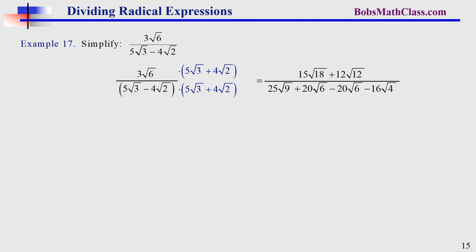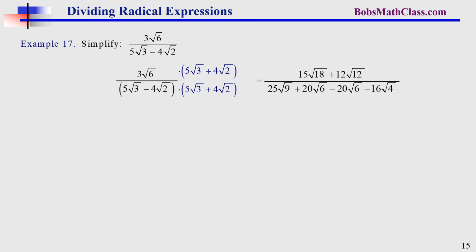Okay, so you should get 15 square root 18 plus 12 square root 12. The denominator is 25 square root 9 plus 20 square root 6 minus 20 square root 6 minus 16 square root 4.